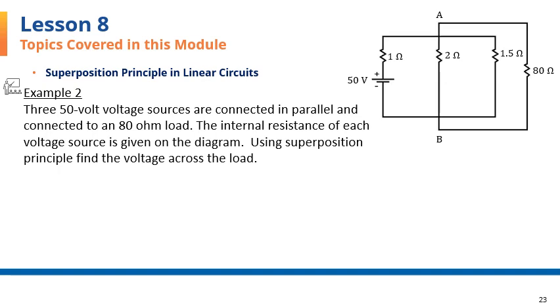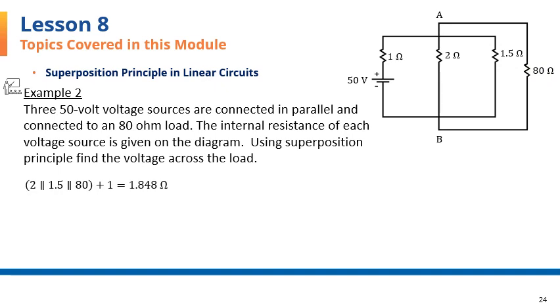Here is the circuit with only the left voltage source active and the other 2 zeroed out. We can see that the equivalent resistance seen by this source is going to be the parallel combination of these 3 resistors added to the 1 ohm resistor.